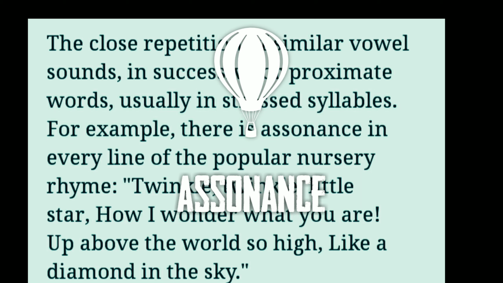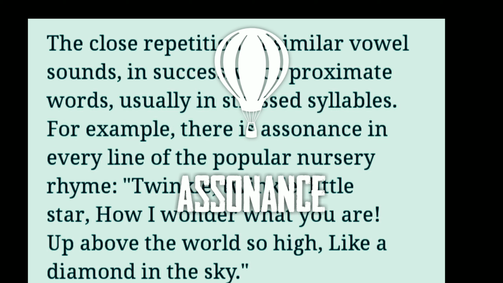For example, there is assonance in every line of the popular nursery rhyme: Twinkle, twinkle, little star, how I wonder what you are. This is a very famous example of assonance. So we can say that the assonance literary device is used for vowel sounds. Here is the twinkle twinkle little star example in front of you.